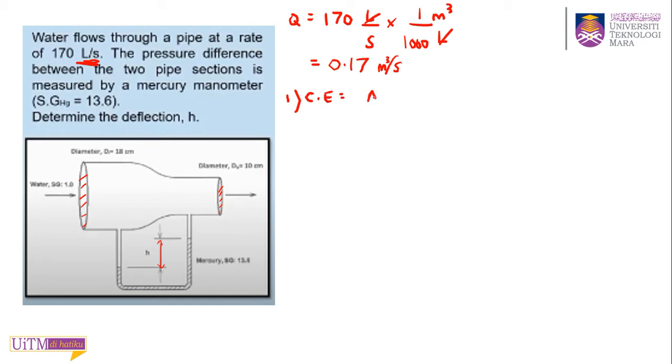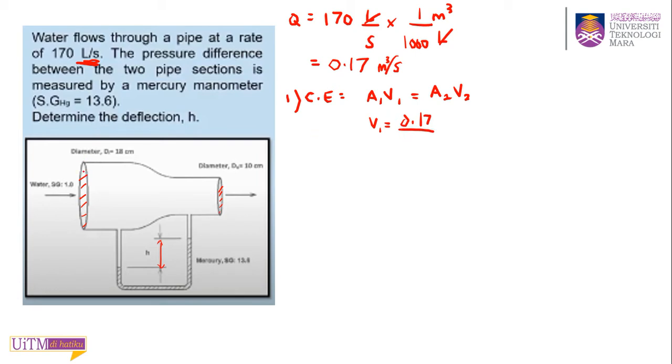A1 V1 is equal to A2 V2. And you have all your information here to get your V1 and V2, because you have your Q and you have your area, so you can find your V1 and V2 from this equation. To find V1, you just take 0.17 over A1.